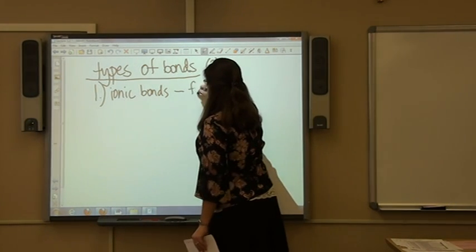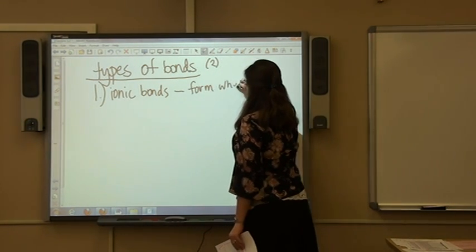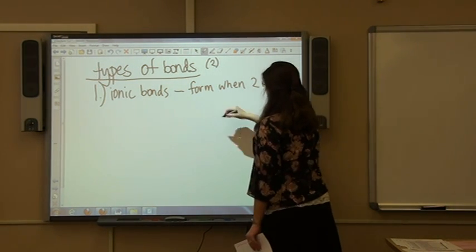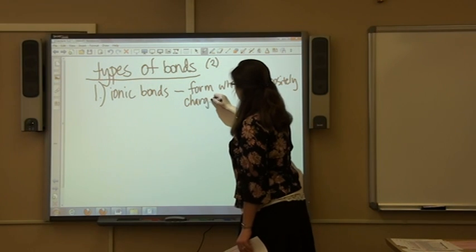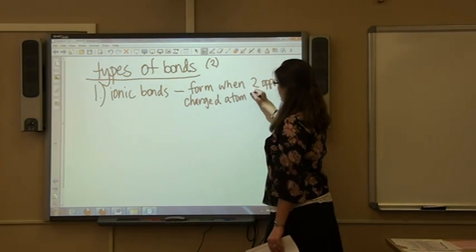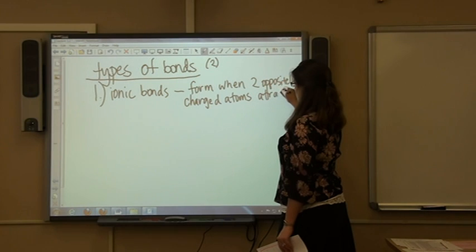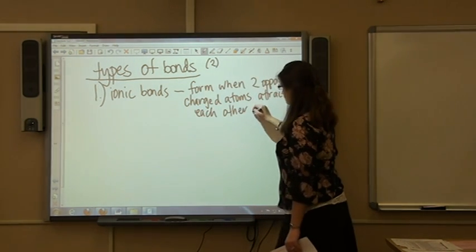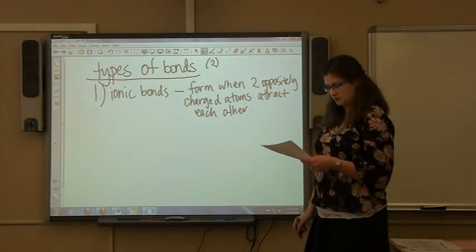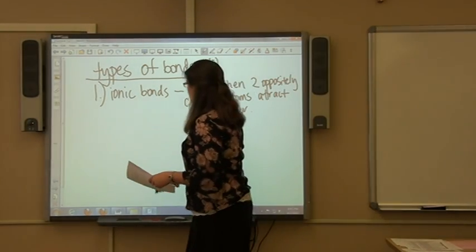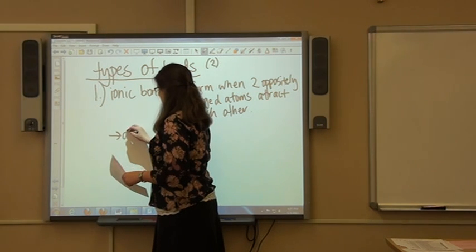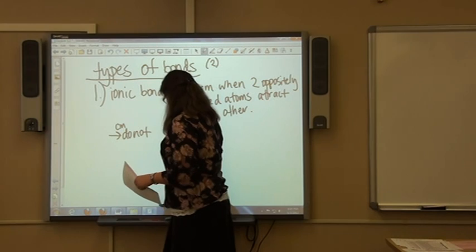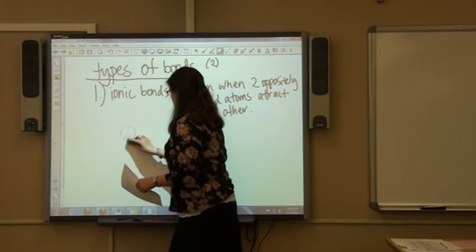Ionic bonds form when 2 oppositely charged atoms attract each other. Ionic compounds, sorry about that.